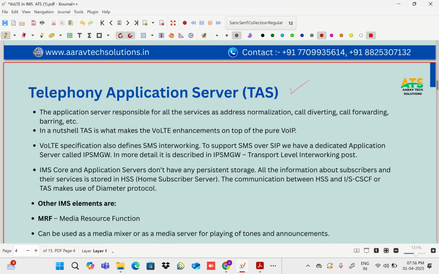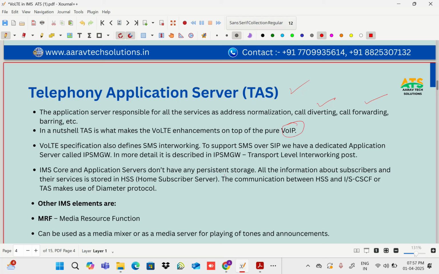Then we'll discuss the telephony application server TAS. The application server is responsible for all the services such as address normalization, call diverting, call forwarding, call barring, etc. In a nutshell, TAS is what makes the VoLTE enhancement on top of pure VoIP.